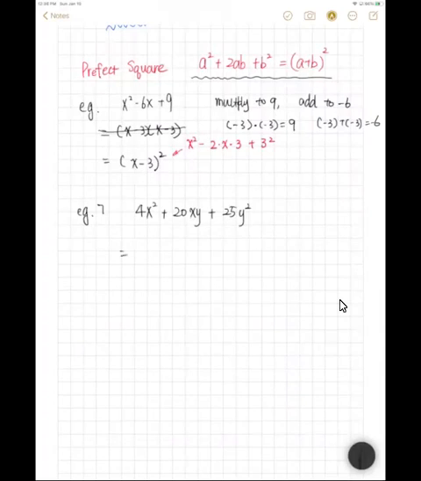So 4x squared, I can write it as 2x squared plus 2 times 2x. What remains? 20xy divided by 4x is equal to what? 5y, which happens to be our third term's square root, which is 5y squared.